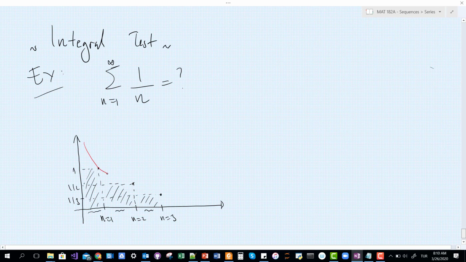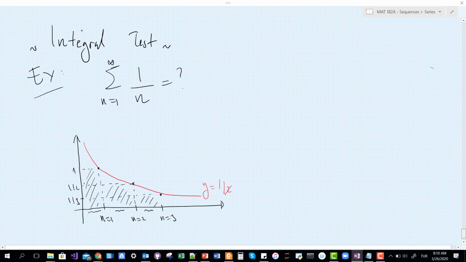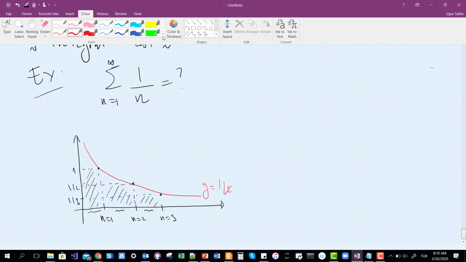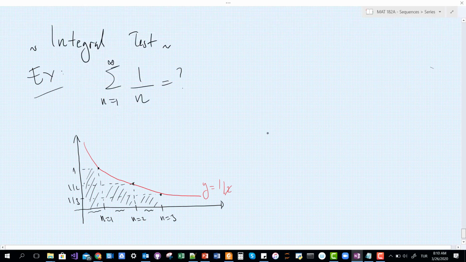So look at this function. What function is that? I can choose y is equal to 1 over x. Can I turn this question into a finding-area question? Let me try.